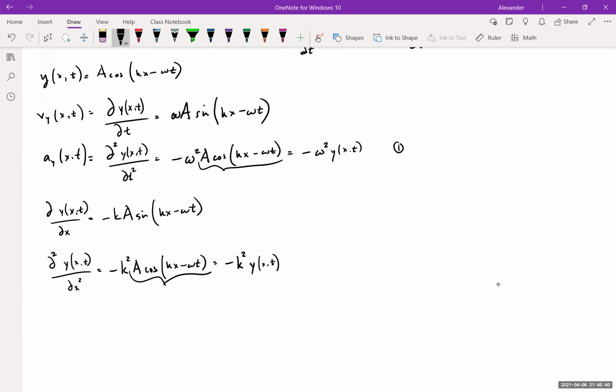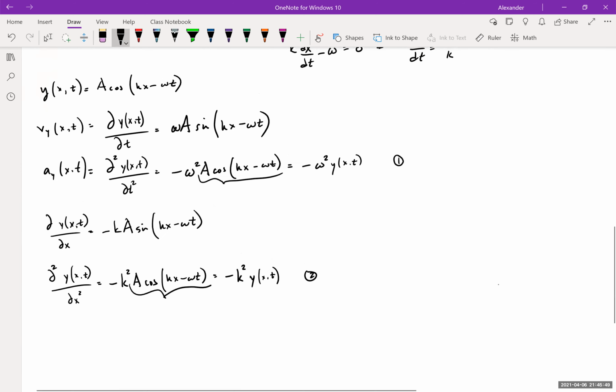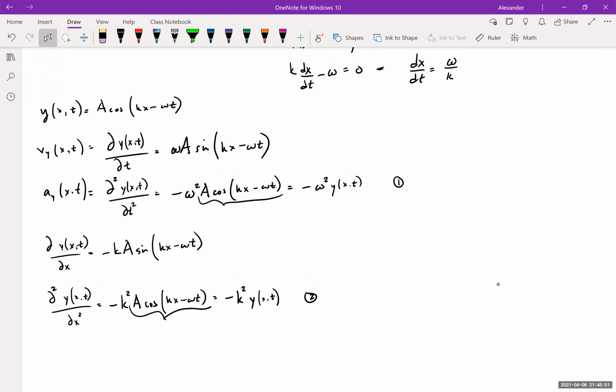Suppose we called this equation 1 and this equation 2, and we divided 1 by 2. Think about that.